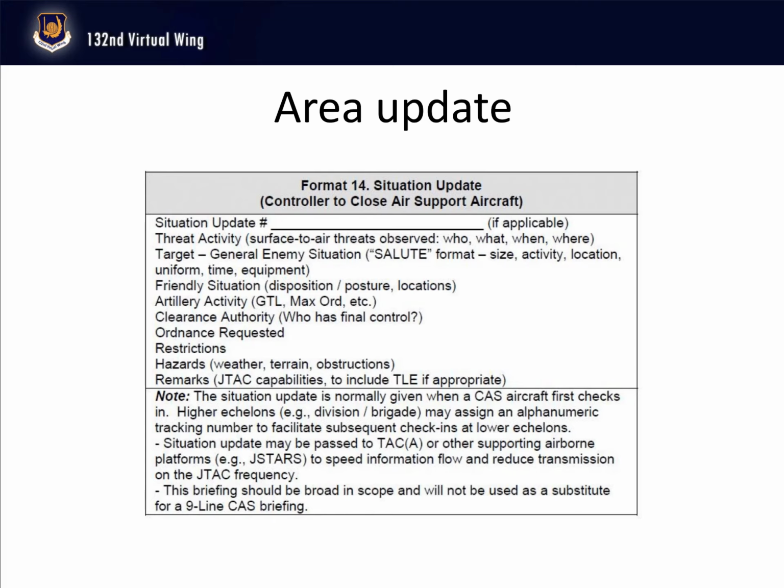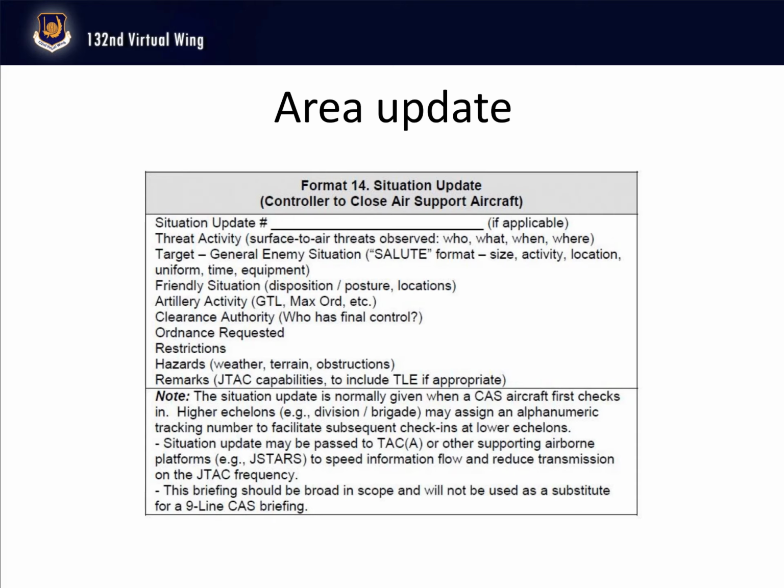These restrictions apply for the duration of the mission, so JTAC doesn't need to repeat them for every specific attack, but you are given them now and you need to be aware of them. Usually restrictions are also mandatory readbacks, so be ready for that.